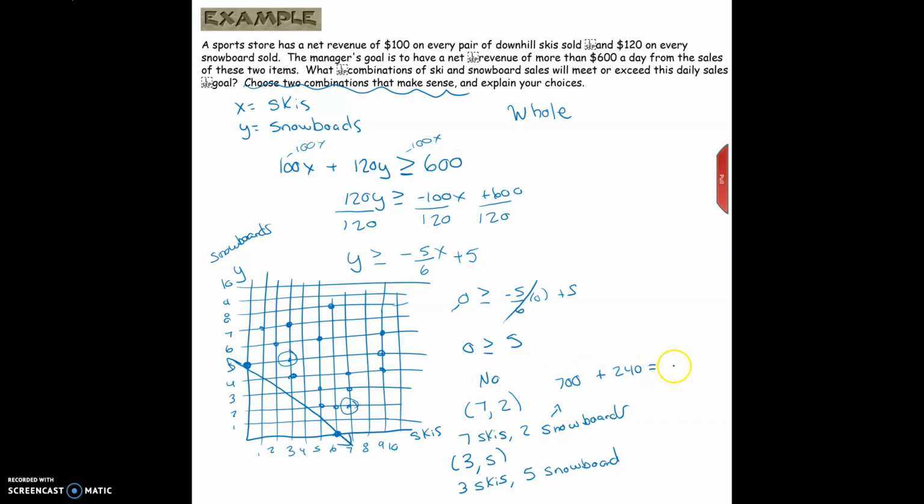If you add that together, you get $940, which is over $600. And 3 skis and 5 snowboards work because that gives us $300 plus $600, which is $900. And that's over $600. So that's why these combinations work. All those combinations you could choose.